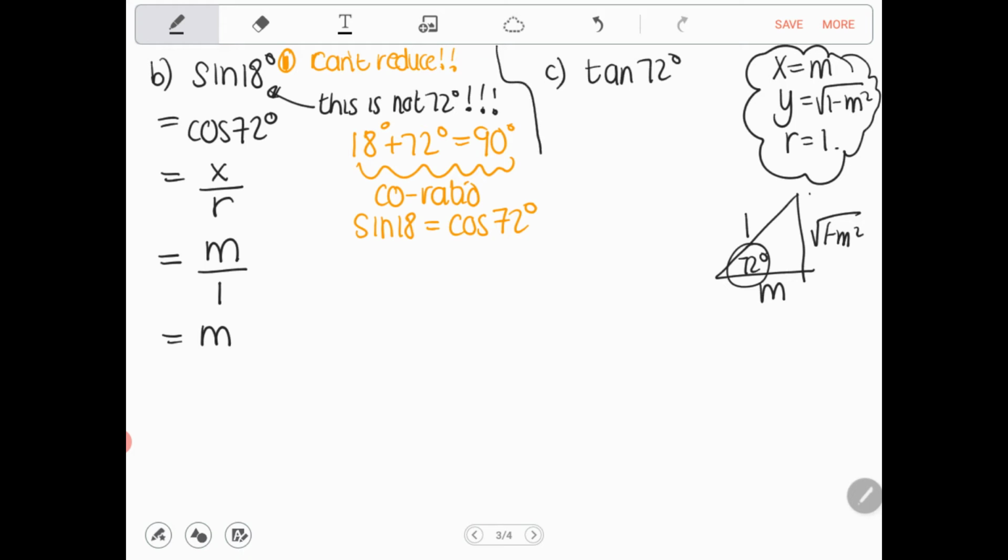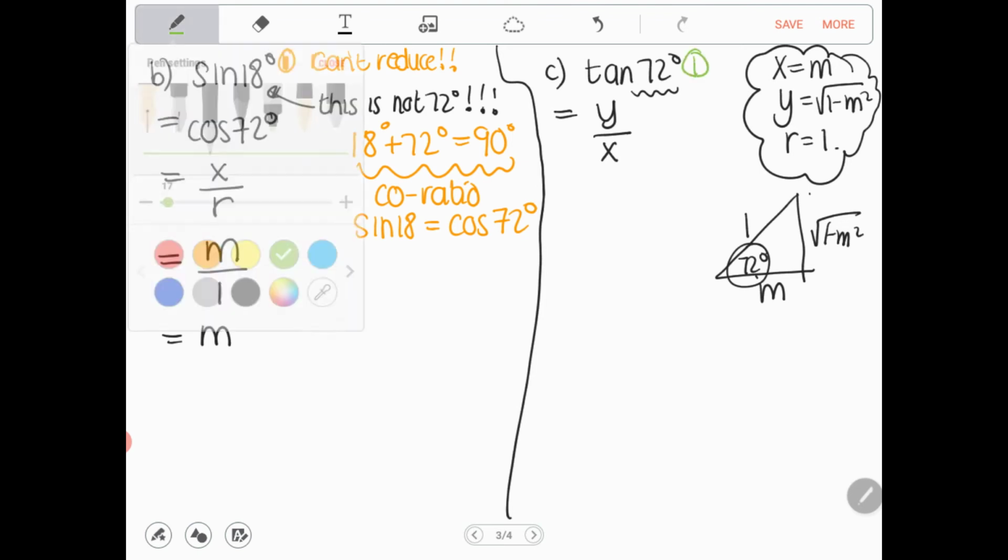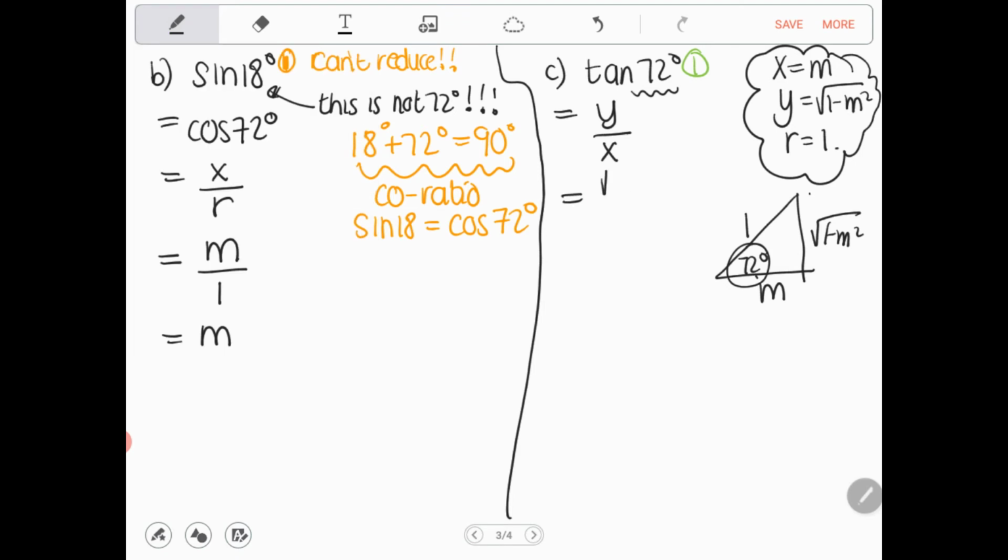All right, what about the tan of 72? Well, at least I have a 72, which is what is in my diagram, and that's what I'm looking for. So tan is y over x. And sorry, I should have actually asked you, this is in quadrant 1, so I don't have to reduce it. It's already reduced. Tan is y over x. Y is the square root of 1 minus m squared.